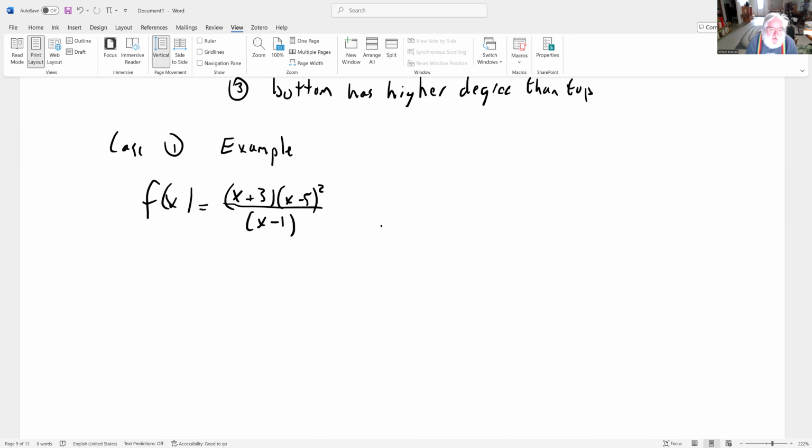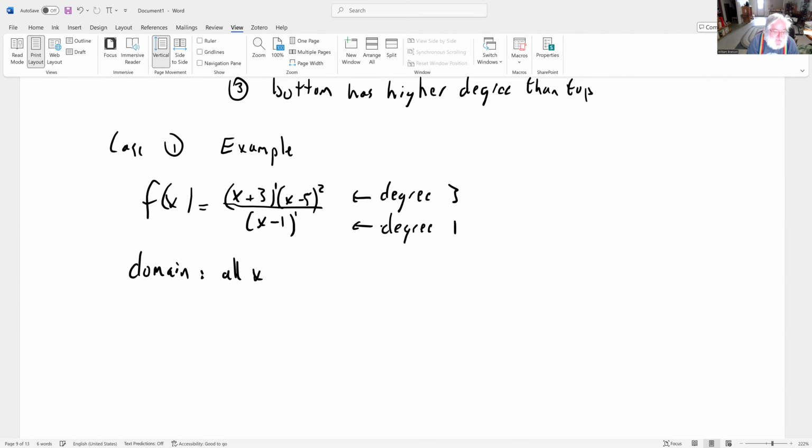So this is a degree 3 polynomial, right? 2 degrees there, 1 there. This is degree 1 because just one factor to the first power. So what does the graph of this look like? Well, remember that the first thing we want to check actually is what's the domain of this?